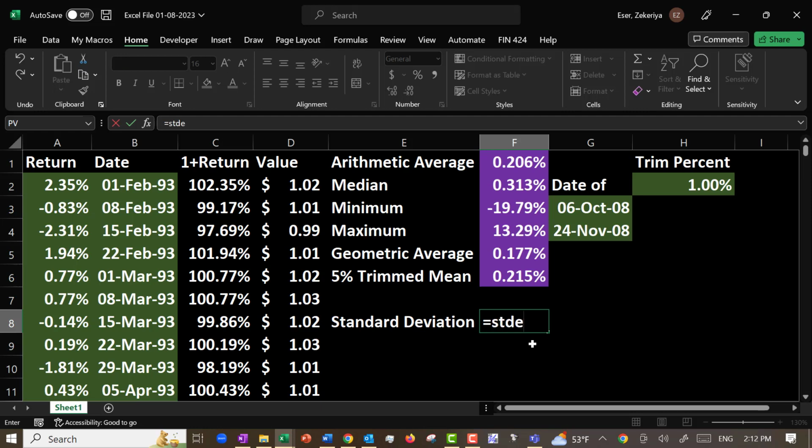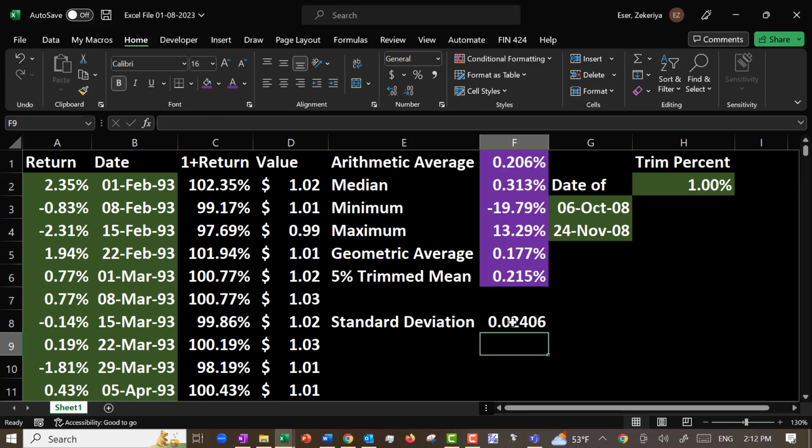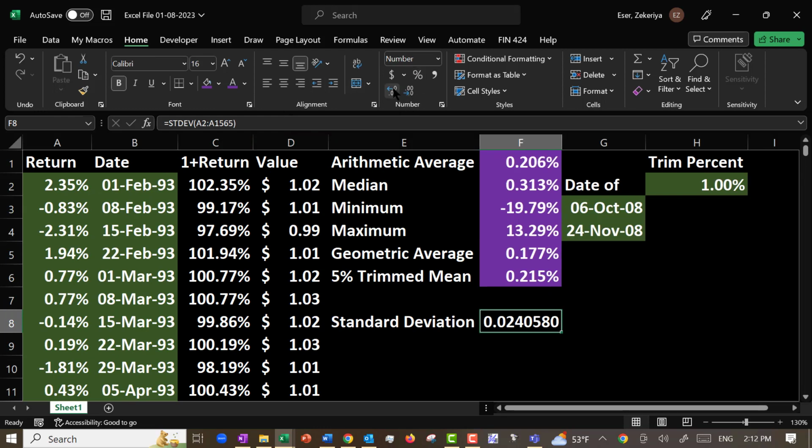The name of the function is STDEV. Just pick your returns. And it has the same units as the return itself.